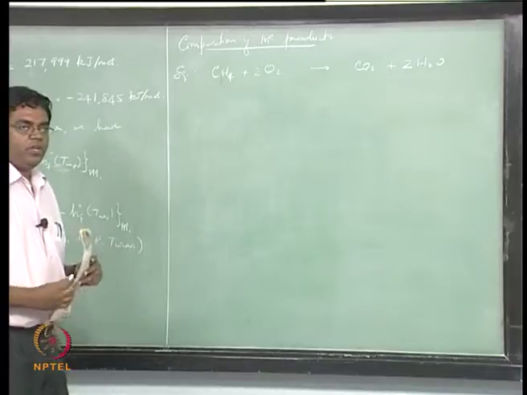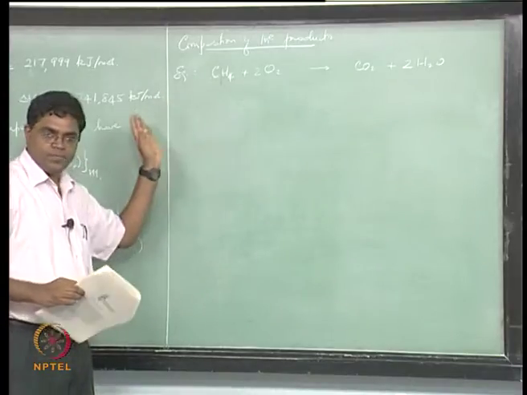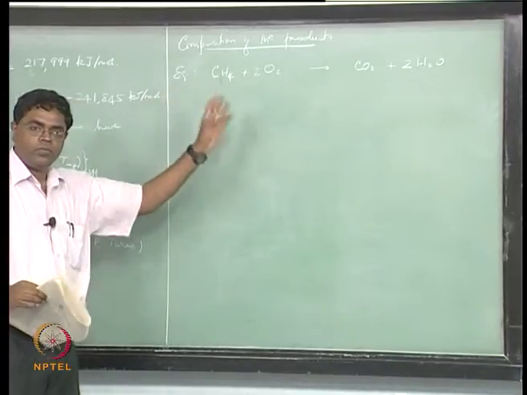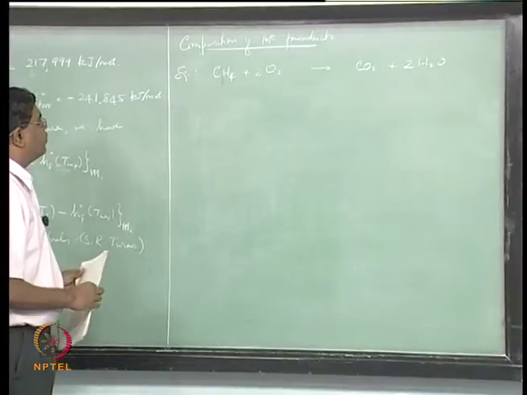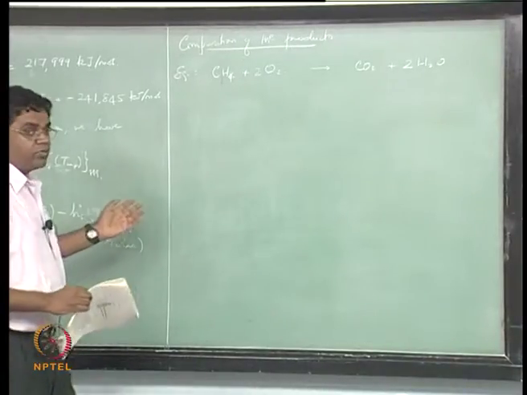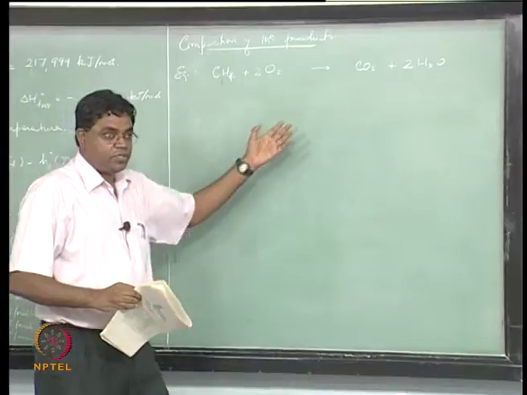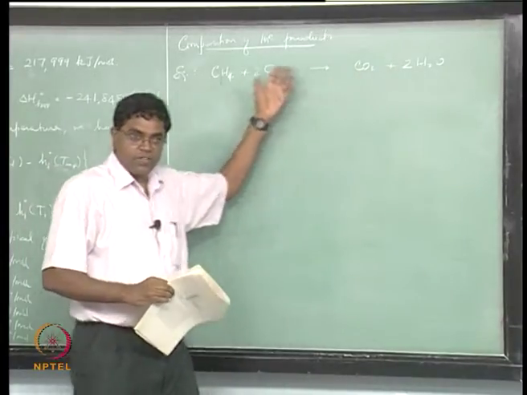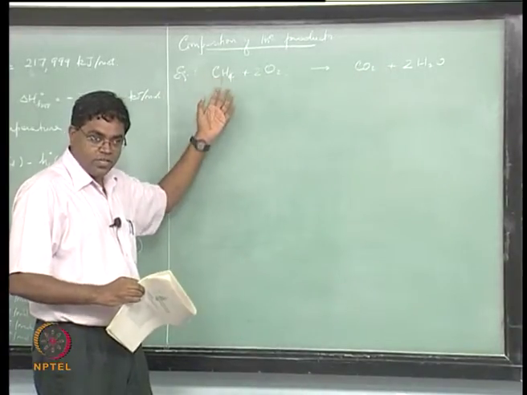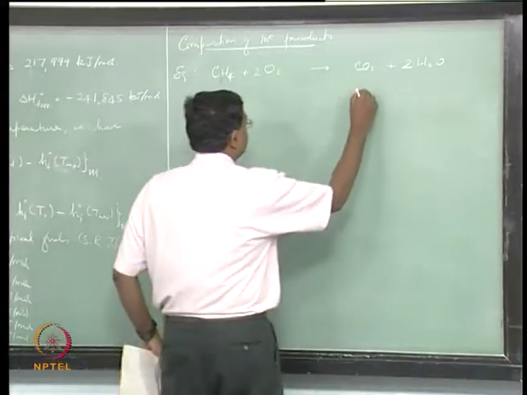This is supposed to be a stoichiometric reaction. Yeah, so this is what we expect. Now here it is pretty clear. The composition of the products is just as clear as the composition of the reactants. This is the stoichiometric.